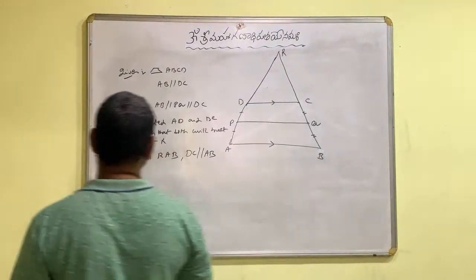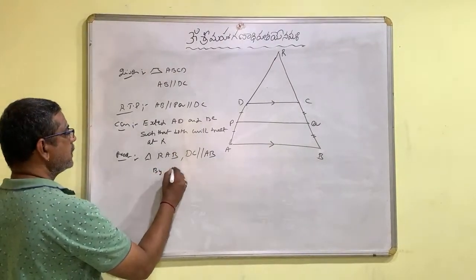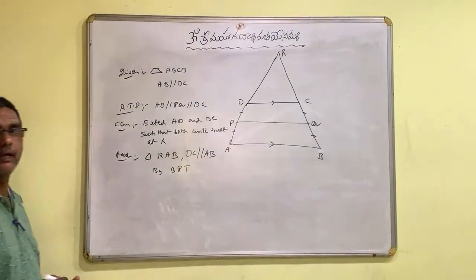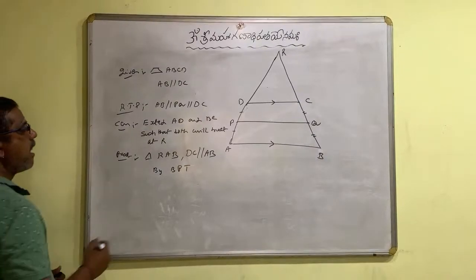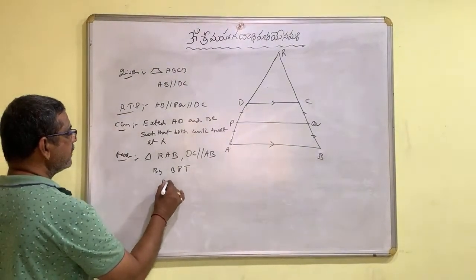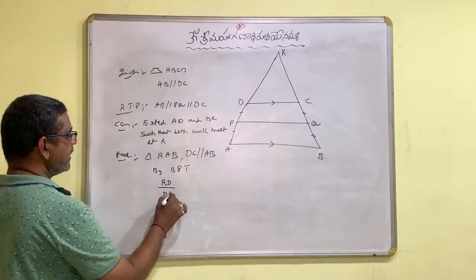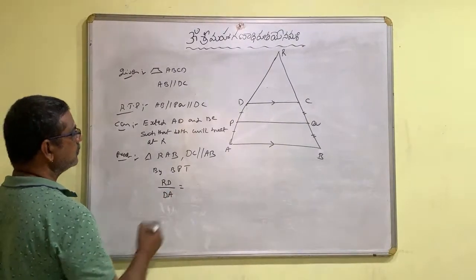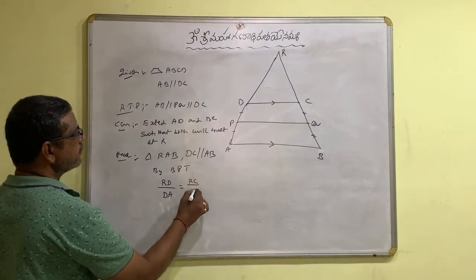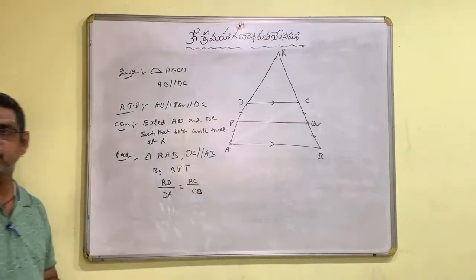Yes. So by basic proportionality theorem, RD by DA is equal to RC by CB. Is that right?